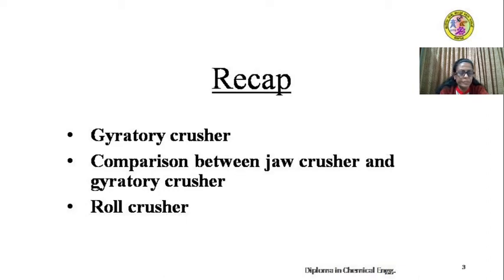Intermediate duty means where the machines take feed from a crusher and reduce it to fine size. So basically grinders are those equipments which convert the coarse particles to fine particles.